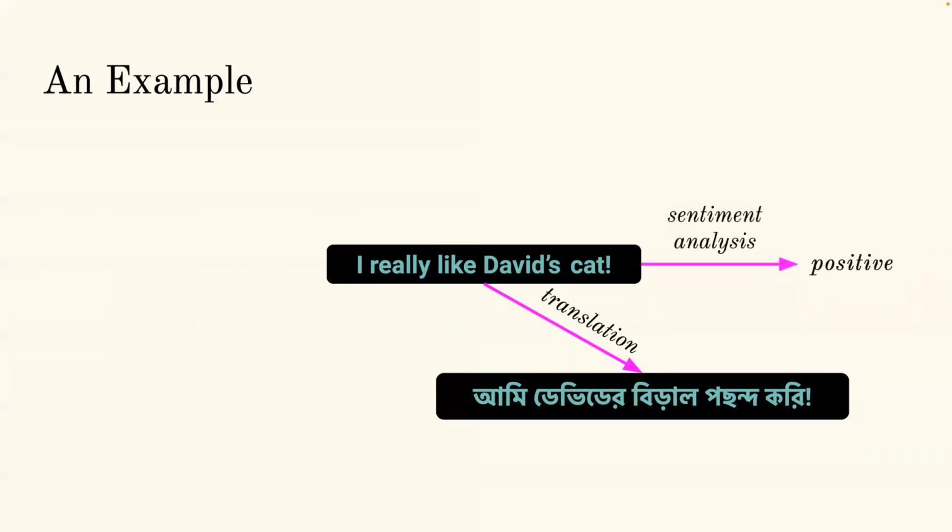Another NLP task is sentiment analysis. Here, the model tries to predict if the given sentence carries a positive sentiment or negative sentiment. Obviously, it's a positive sentiment. Then we have the word labeling task, where we just do the parts of speech tagging.